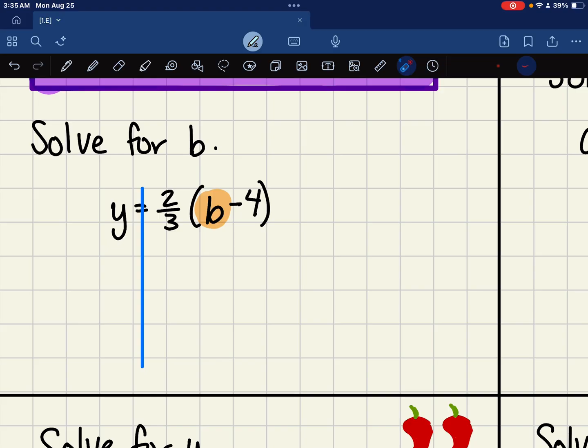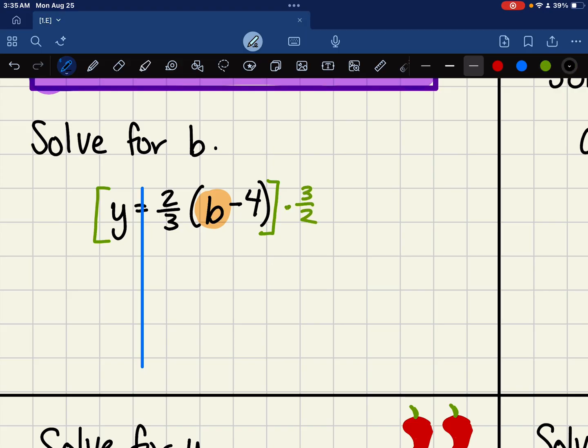Now this part here, I have a fraction that's being multiplied to the parentheses. And so the way that we get rid of that, instead of distributing, we're going to divide by this fraction. And what dividing fractions looks like is multiplying by the reciprocal.